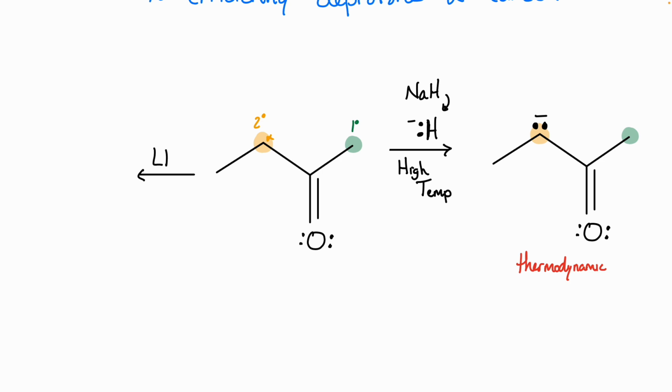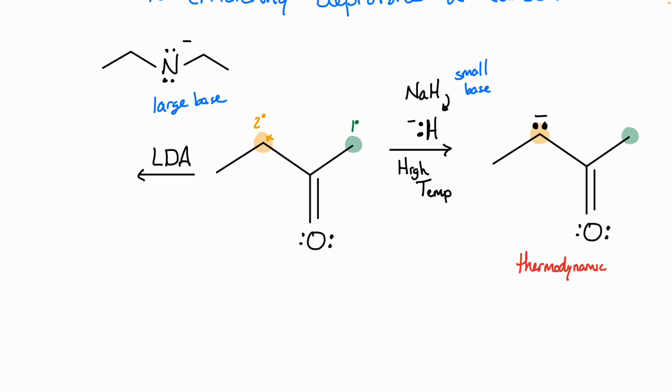We can use another base, LDA. LDA is an amide ion, a nitrogen with a negative charge. But it's got these two big, bulky groups on there. There might even be a branch point here, I don't remember. Anyways, it's got these two giant alkyl groups on here. So LDA is a large base, as opposed to sodium hydride, which is a small base.